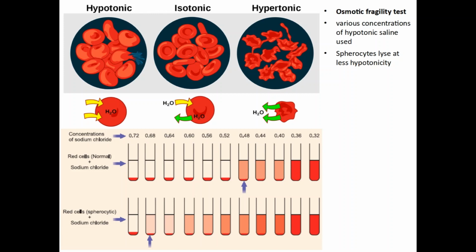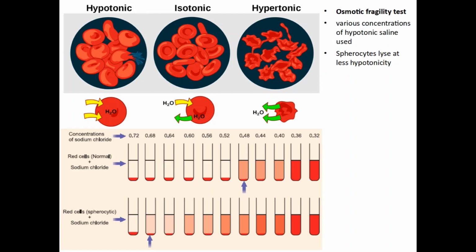At one point of concentration, too much water will flow into the RBCs, and that is why RBCs will lyse. This phenomenon is seen in normal RBCs as well. However, the difference is that in hereditary spherocytosis, the RBCs are smaller. That is why with less amount of water flowing into them, they will start breaking up or lysing.